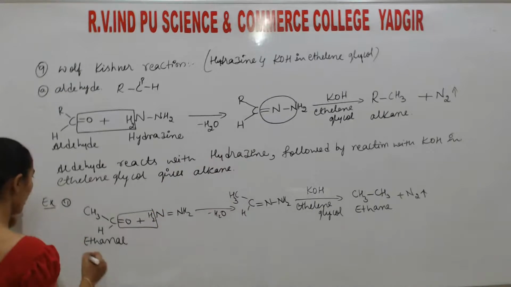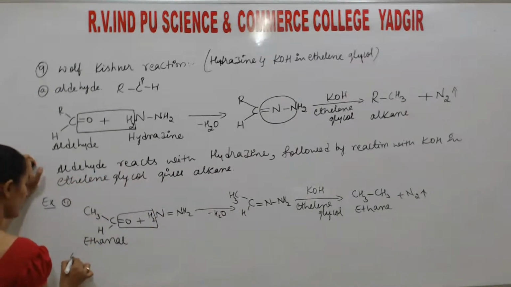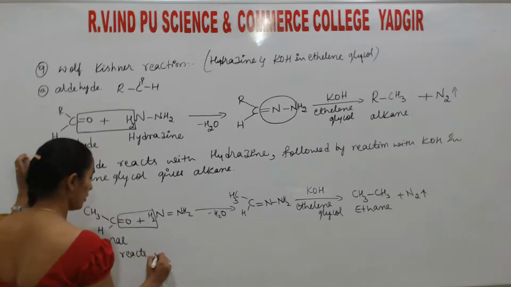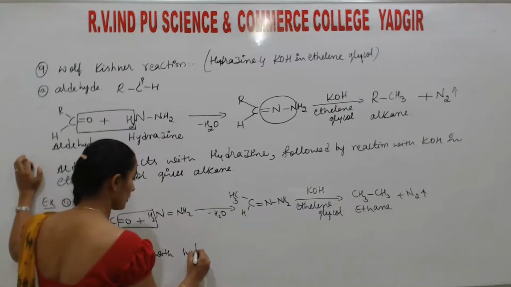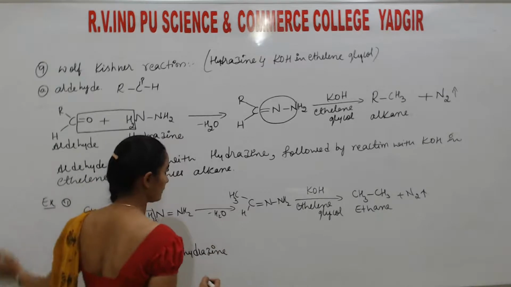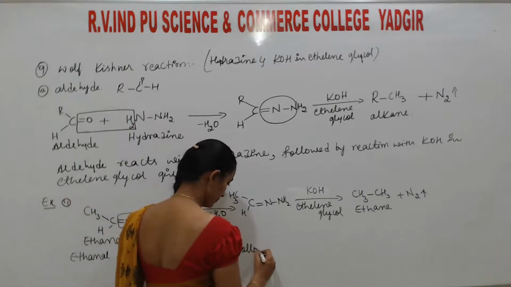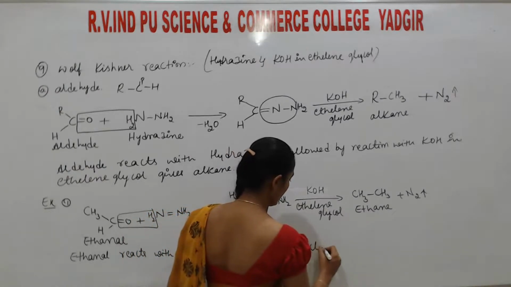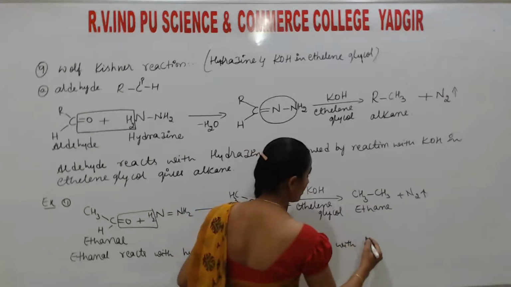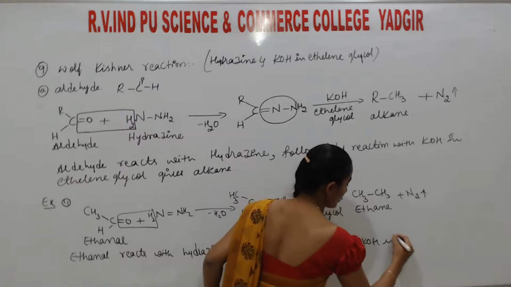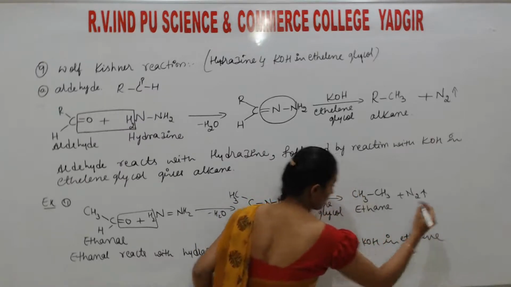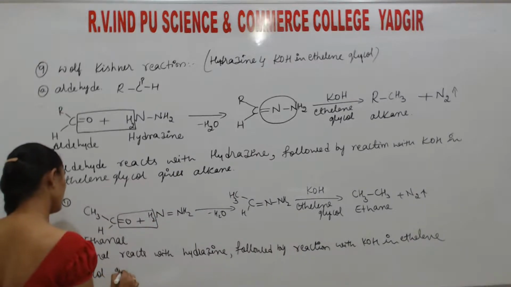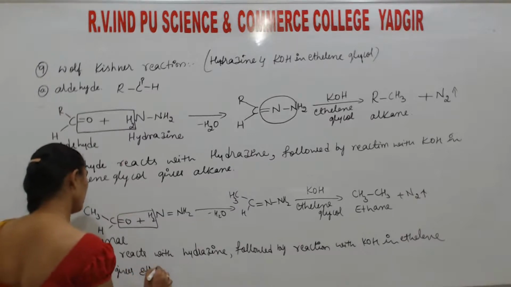ethane. Okay, so here, how do you write? Ethanal reacts with hydrazine followed by reaction with KOH in ethylene glycol gives ethane.